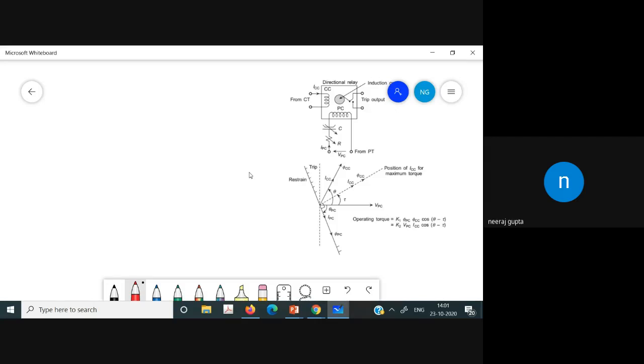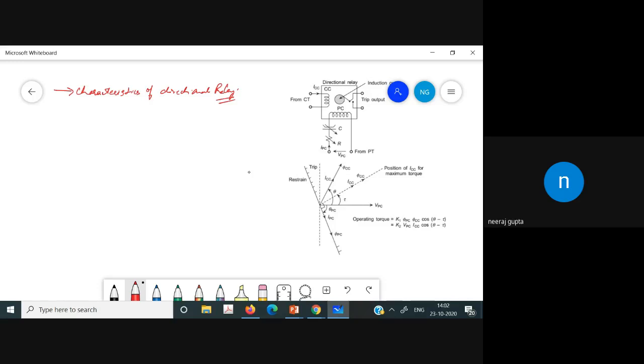Now, this directional relay has its own characteristics.